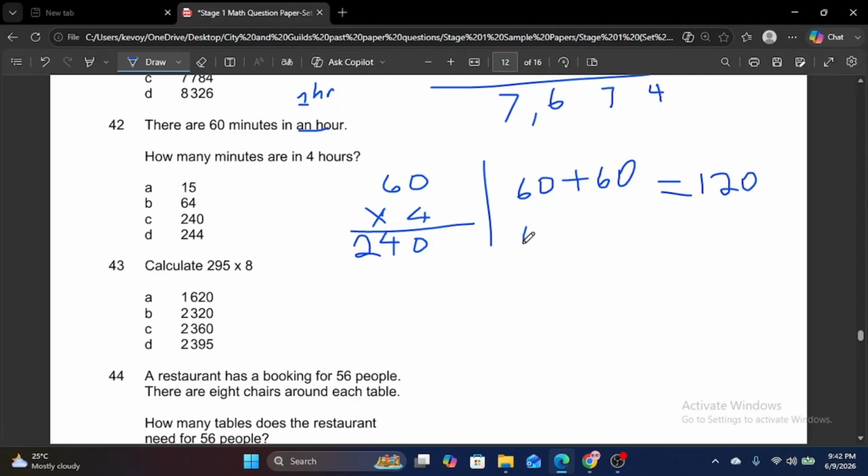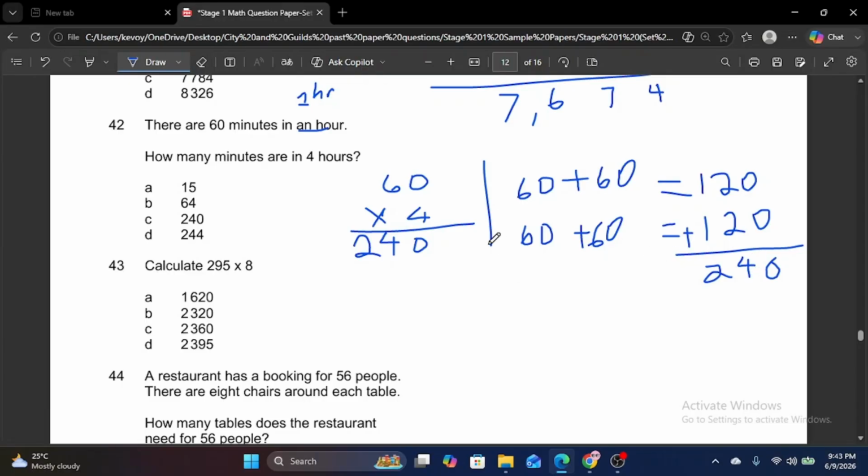And we add the other two 60s, so 60 plus 60 again, equal to 120. And we just add these two totals. So 120 plus 120, that's going to be equal to 240.